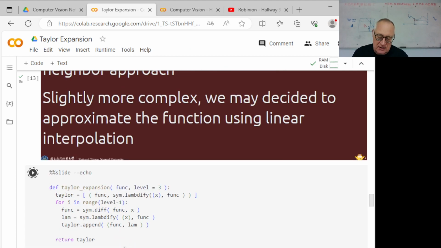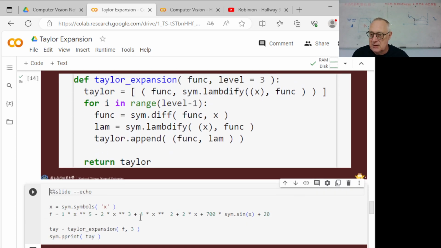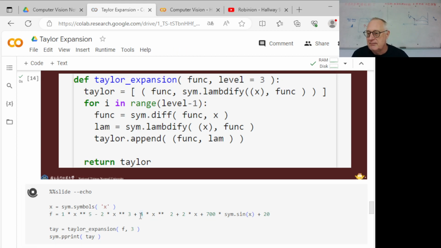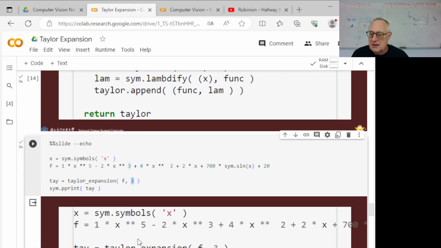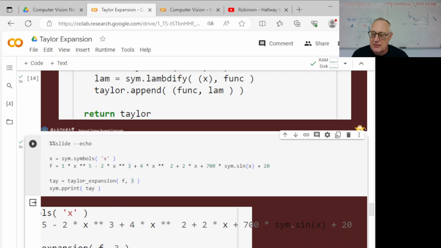And this just calculates the Taylor expansion for a particular function. So here I can pass it in a value of 3, up to a level of 3. And these are the functions that I get. 0 is just the function itself.